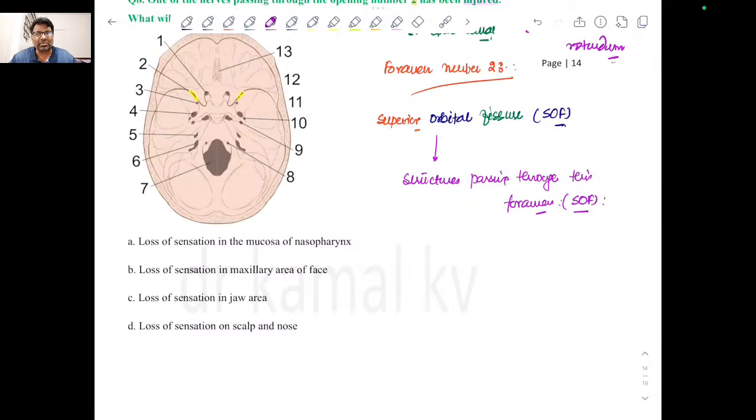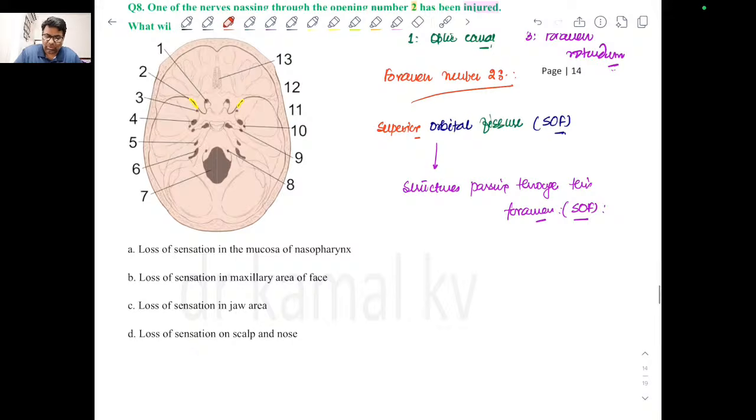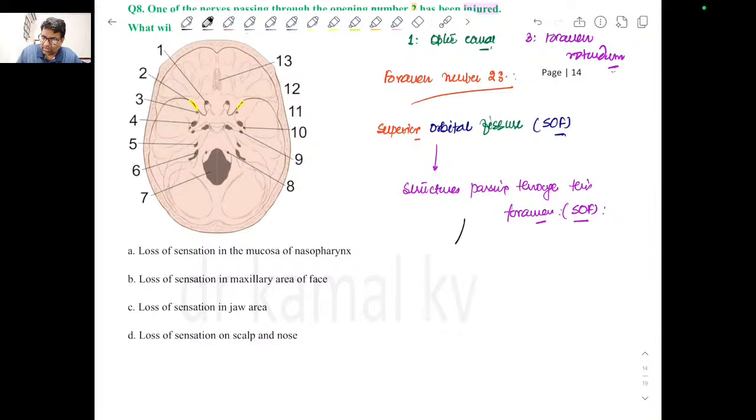As I told you that the nerves, they are traveling through this foramen or the fissure, they are going into the orbit and they are supplying the extraocular muscles. Okay, so one point is nerves supplying extraocular muscles.